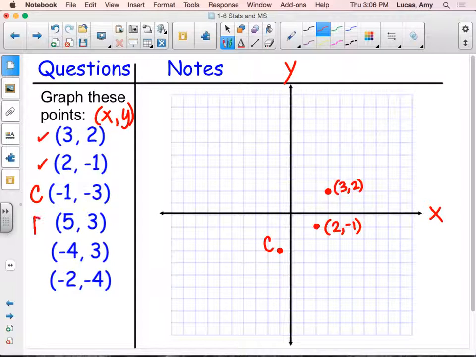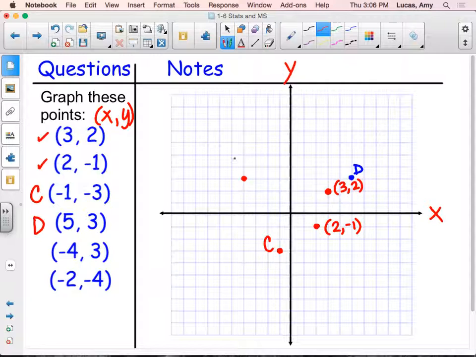The next one, 5, 3, if I label it with D, I'm going to go to the right 5, and then I'm going to go up 3. So right here would be point D. My last 2, negative 4, 3. Negative 4 for x is to the left, so to the left 4.